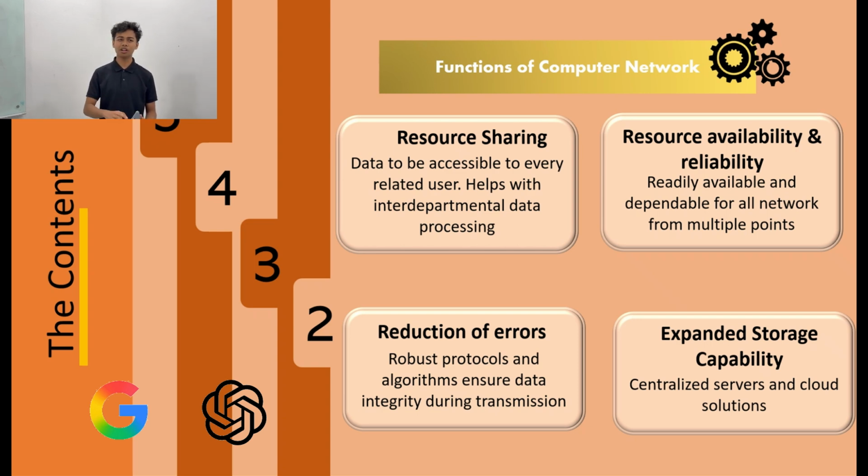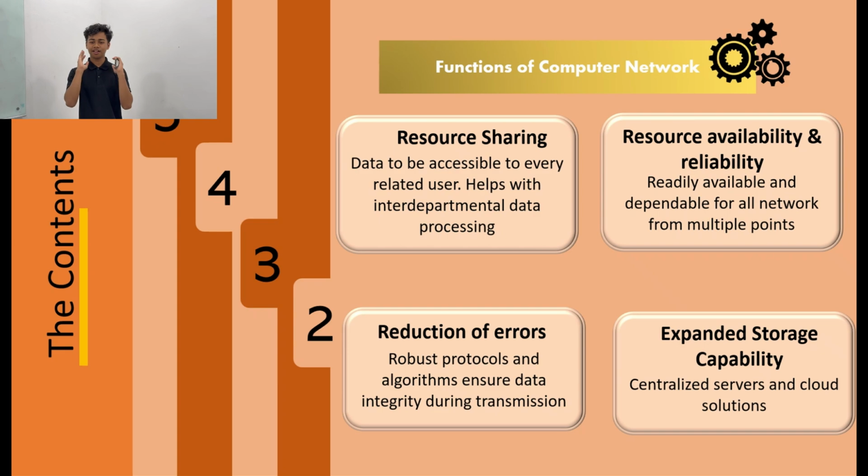And this will allow a lot of people to work more efficiently and have much better productivity. As a student, the internet has allowed me to do my research much more vigorously and in a more detailed manner, and I think the internet has helped me a lot in this. So I think that's all for the 4 main functions of the computer network.